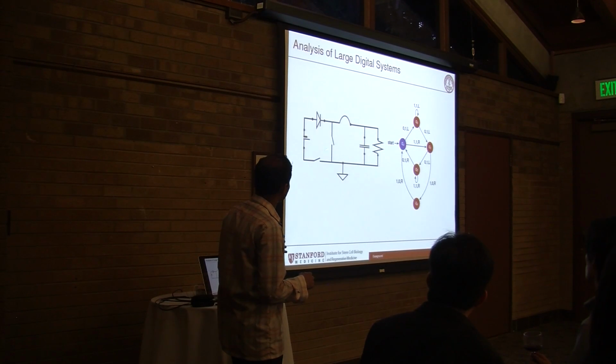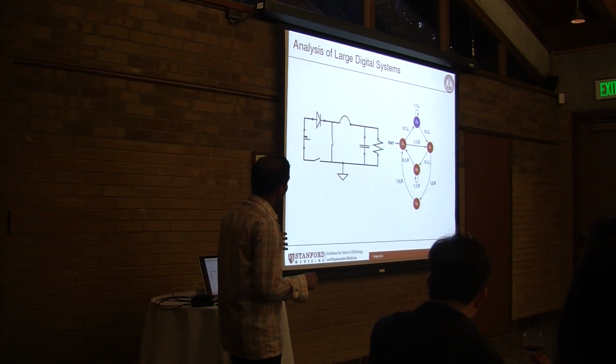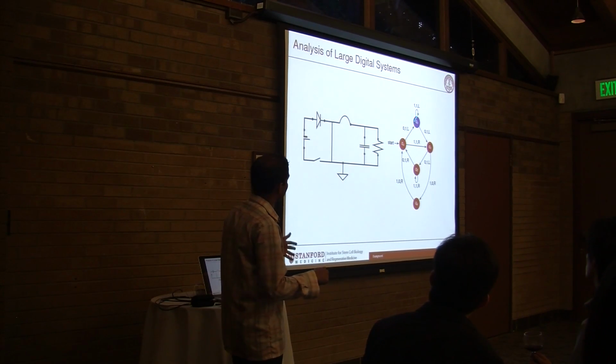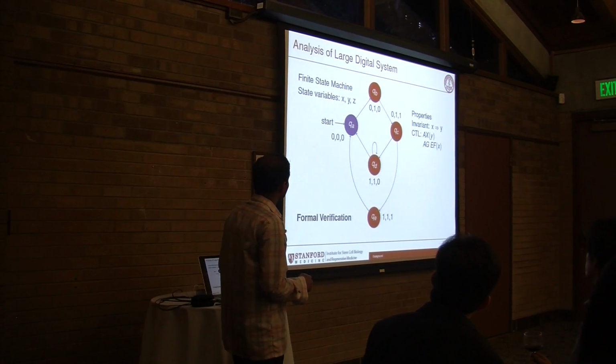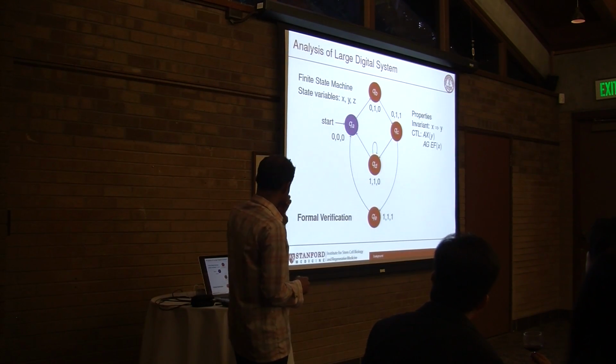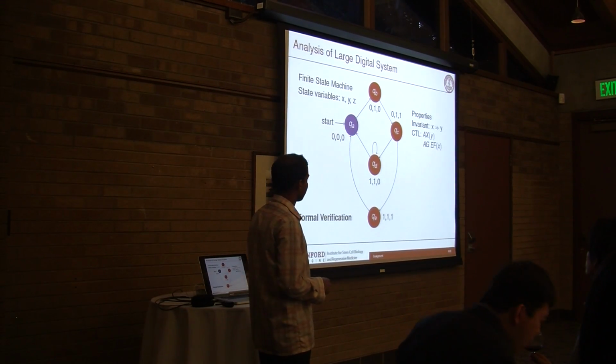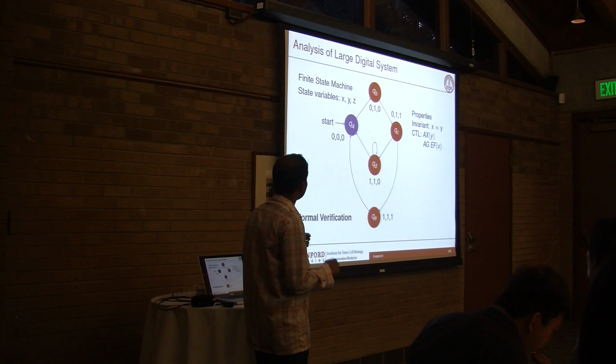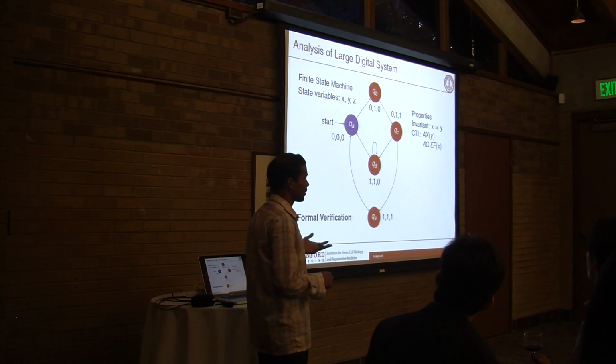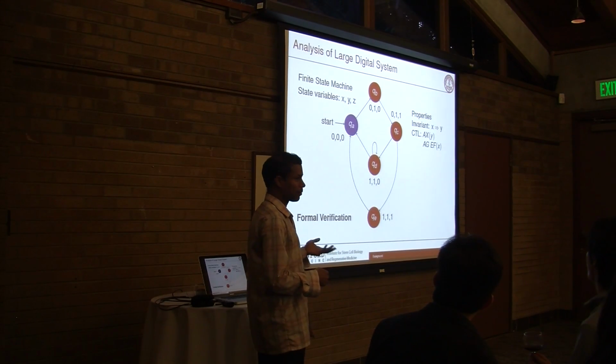So you have this circuit, and there are these switches that turn on and off, and it changes the state of the circuit. So there are many different states, and it changes state when these are turned on and off. In other simple terms, what we have is this model of the circuit. So this is a finite state machine description of the digital circuit.